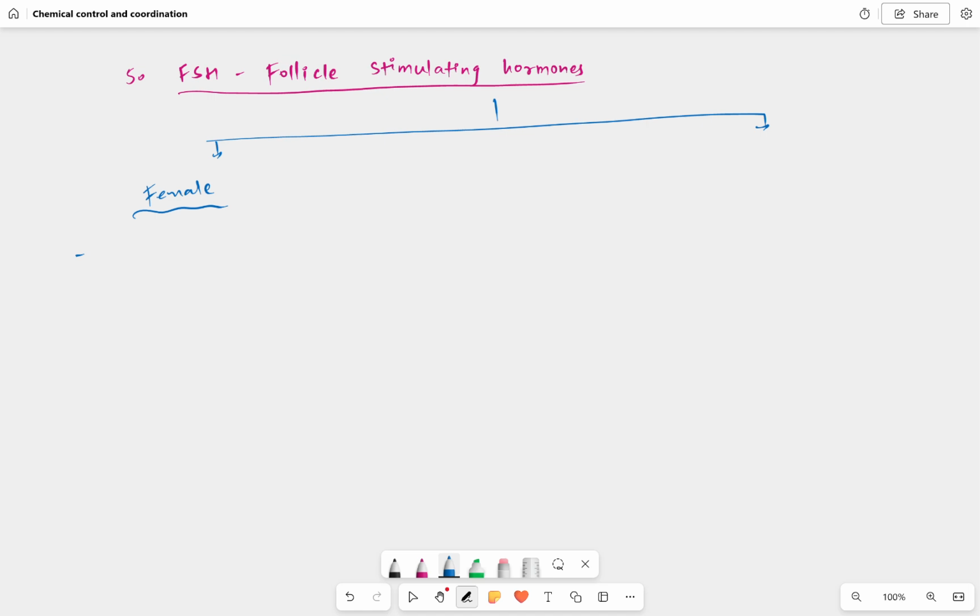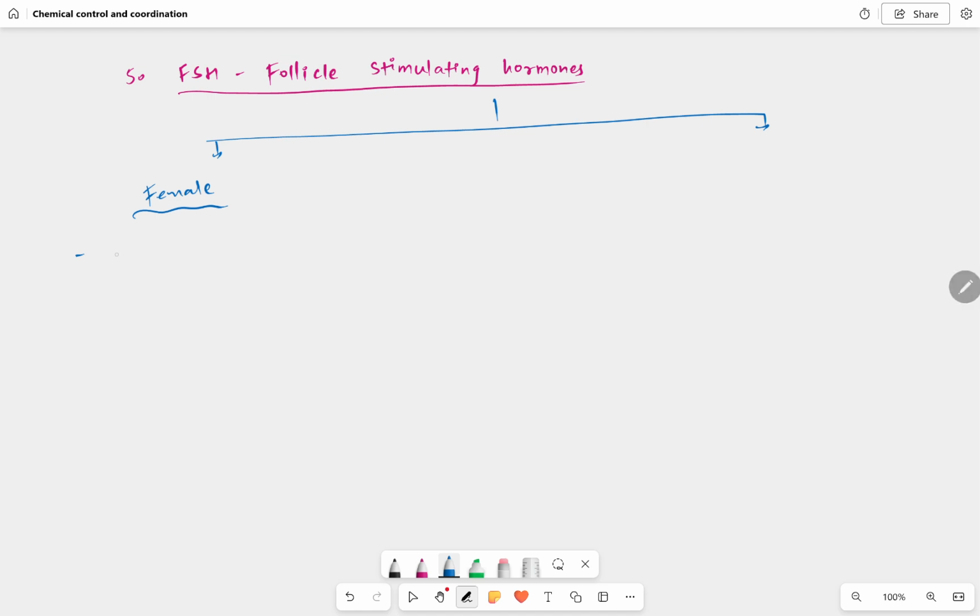Okay, so female shows two types of cycle: the ovarian cycle and the menstrual cycle, where there is frequent change in cellular structures. So in each cycle, the ovary releases one egg after its development, and this development is supported by the ovarian follicles.